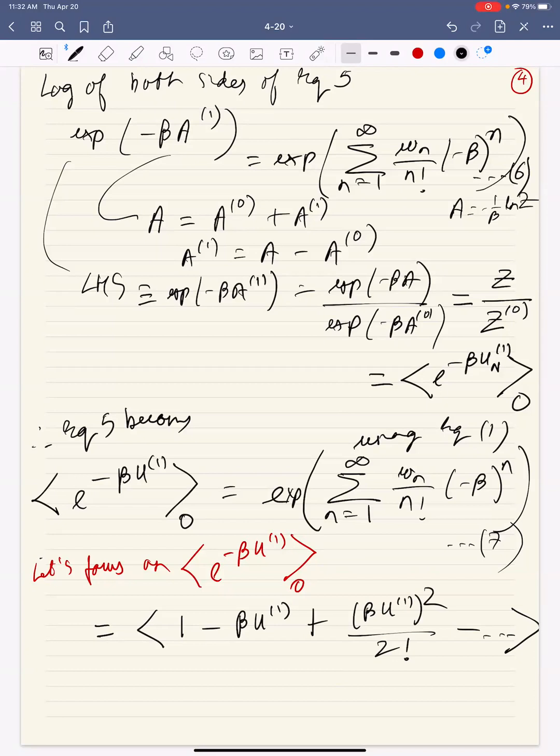We are going to stop at terms proportional to beta. This is what will allow us to recover the value of W1. If you want to calculate the value of W2, you have to go up to the third term. You can't just stop at the second term. So that's the approximation we are going to make.